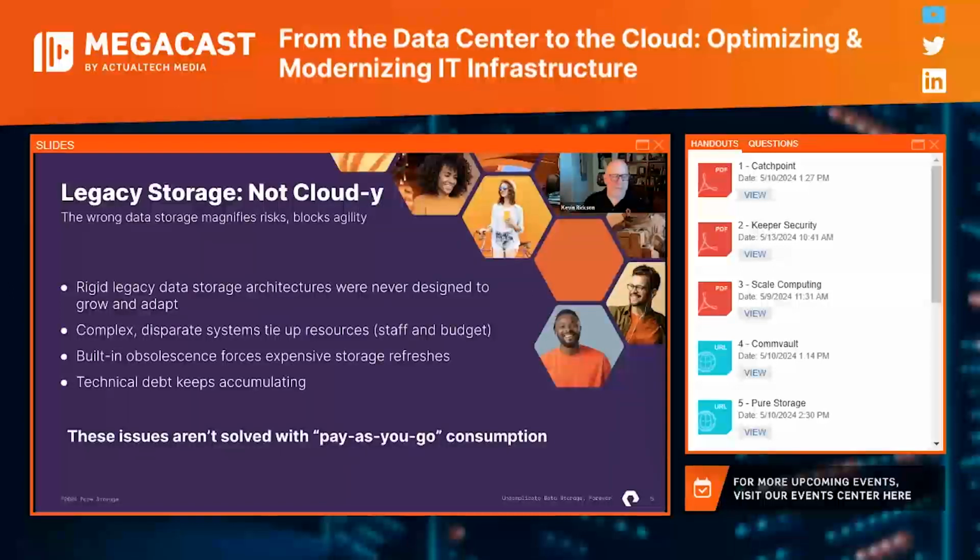Now, we've been able to solve for agility and flexibility and another great 50-cent word, fungibility, in the rest of our tech stack. So compute with virtualization, that got rid of a lot of the downsides of just bare metal computing. Networking has been greatly simplified over the years. But storage has been a laggard.